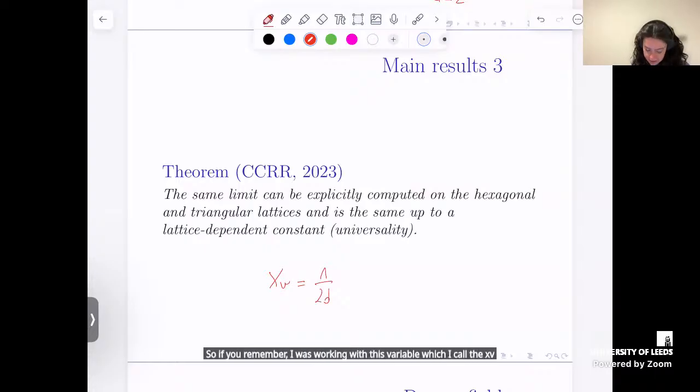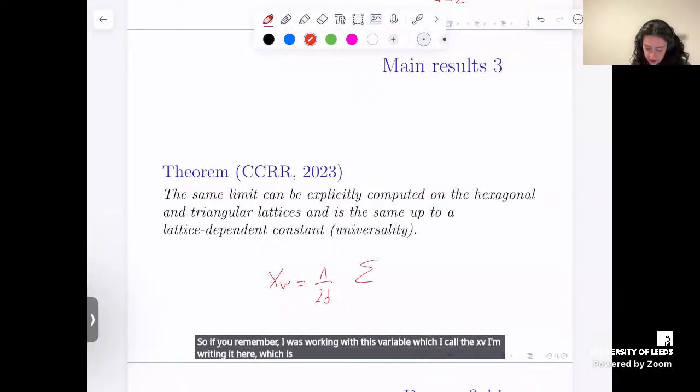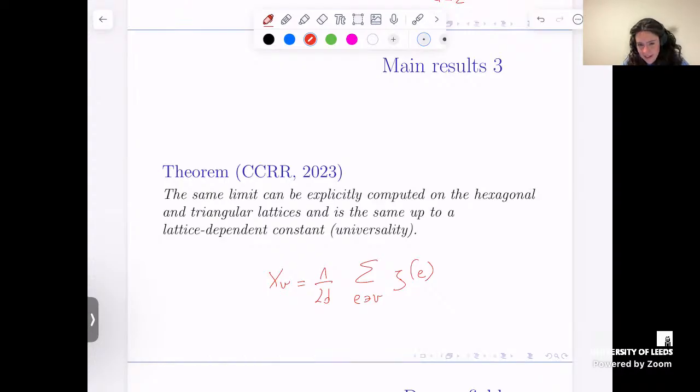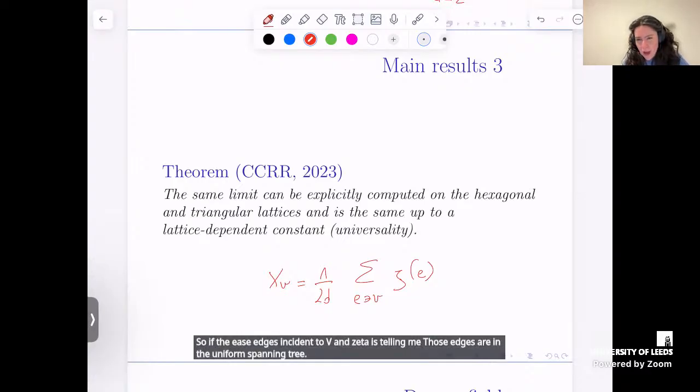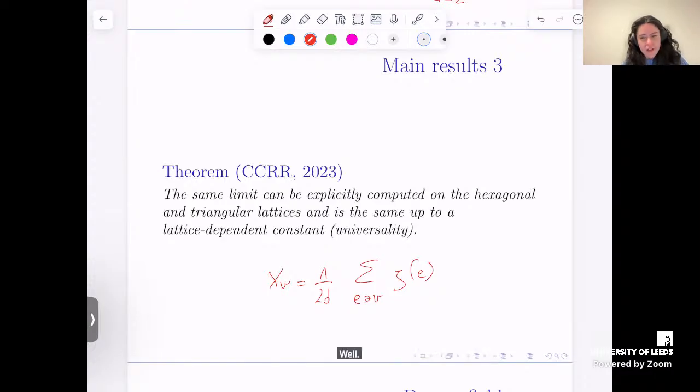I'm writing it here, which is 1 over 2d, the sum over the edges incident to v of zeta e. So if the e's are edges incident to v and zeta e is telling me those edges are in the uniform spanning tree, well, what essentially xv is doing is telling me the degree that v has in the UST.